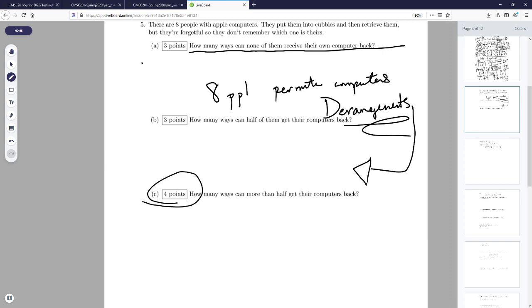More than half. So this one, you're going to have to add up a bunch of them. But this one is a single combination or derangement. This one is a single combination or derangement. And actually, I shouldn't say that. This is actually 2. What I meant by a single one is that it's a single term.